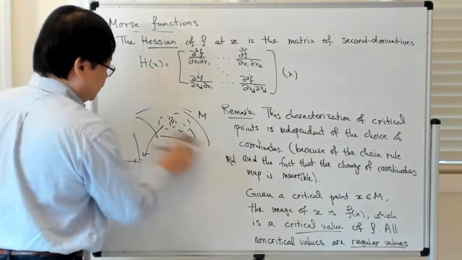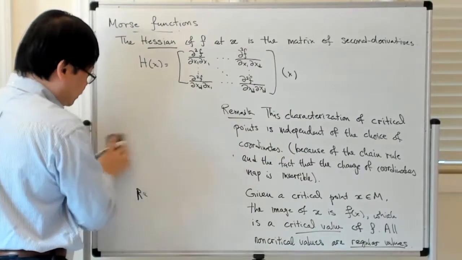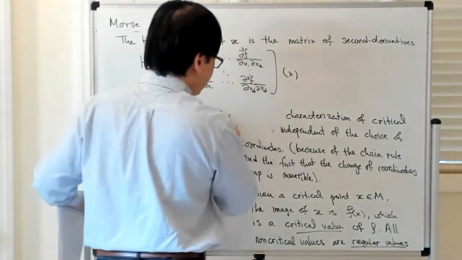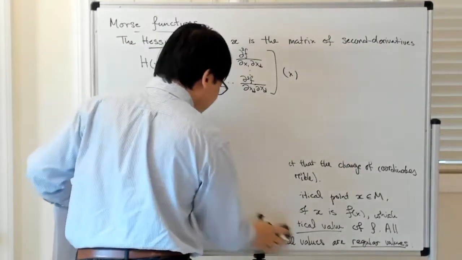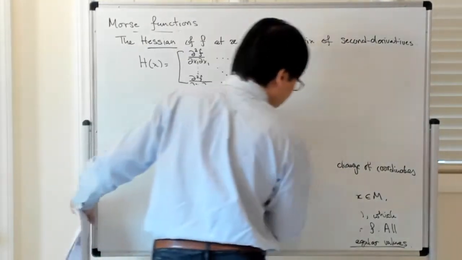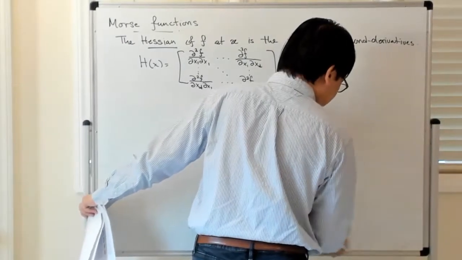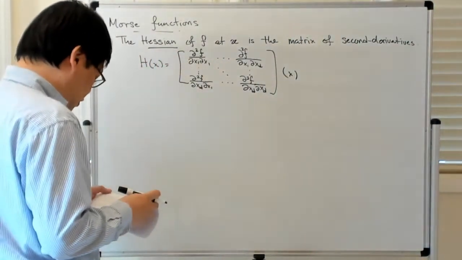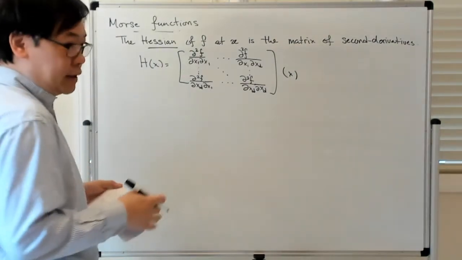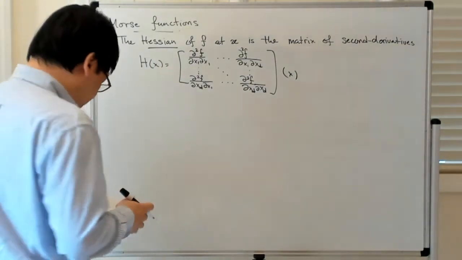So we talk about critical points, and that has to do with whether or not the image of the linearization of the function is the whole real line or just 0. If you happen to be at a critical point, then we can say something more about the type of critical point you have.